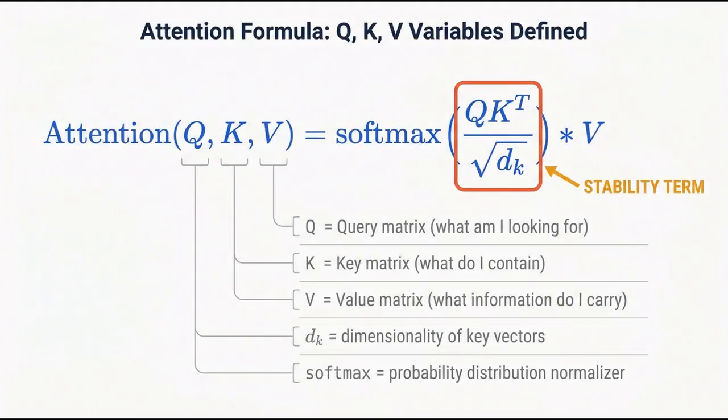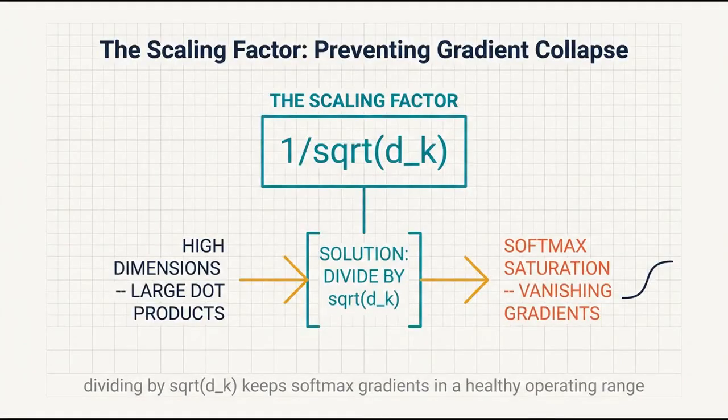Attention of Q, K, V equals softmax of the quantity Q times K transpose, all divided by the square root of d_k, times V. Q represents the query matrix, K represents the key matrix, V represents the value matrix, and d_k is the dimensionality of the key vectors. The scaling factor 1 divided by the square root of d_k is critical because it prevents the dot products from growing excessively large in high dimensions, which would cause the softmax function's gradients to vanish.